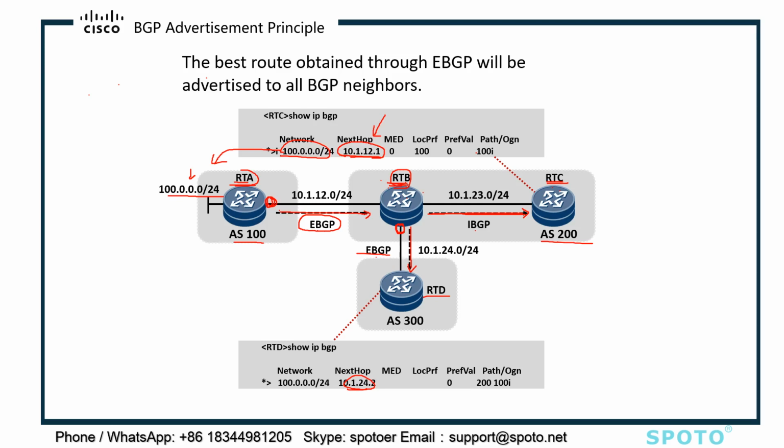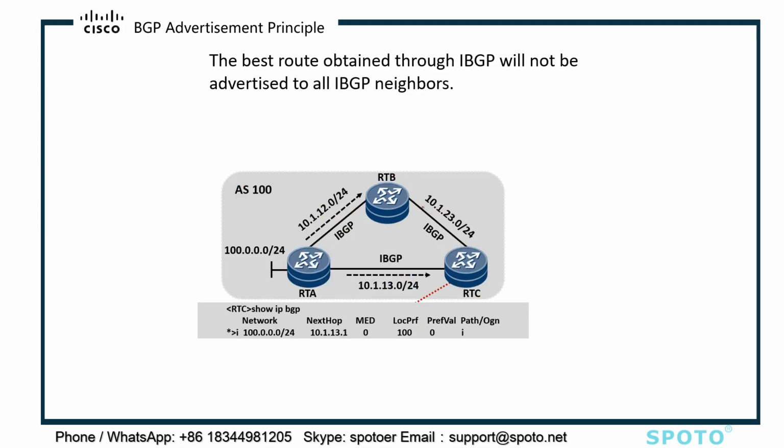Okay, so this is the second, and the next one is about the IBGP protocol. The last one we just said if you receive the route from the EBGP neighbor, you need to advertise it to all the BGP neighbors. But if you receive a route from the IBGP neighbor, you can't advertise it to all your BGP neighbors.